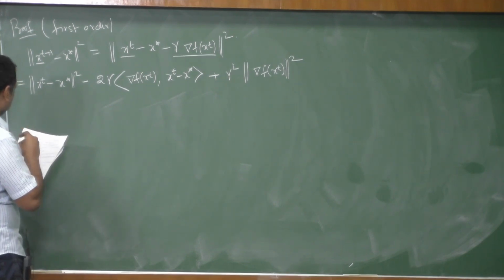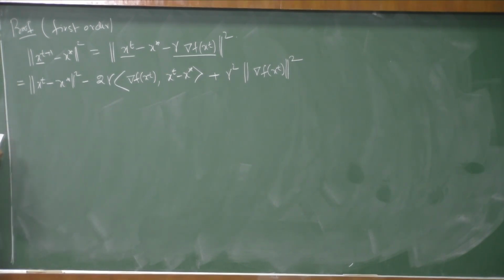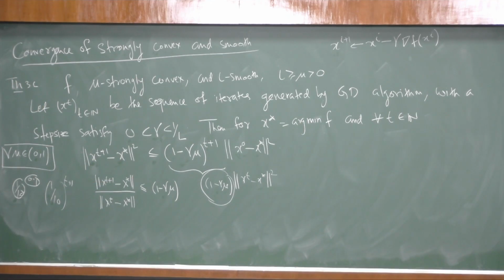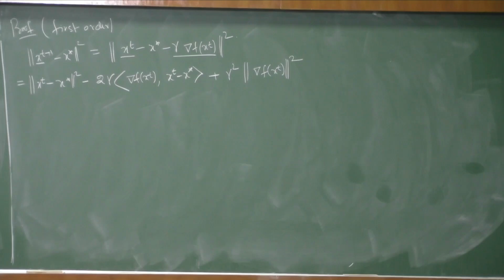So without wasting your time, we have this. The next step is to use strong convexity. Remember that we are looking for upper bounds, so we are always looking for an opportunity to make it less than or equal to. We are given that f is mu strongly convex, so we will use that now.